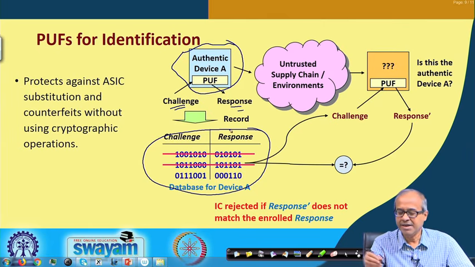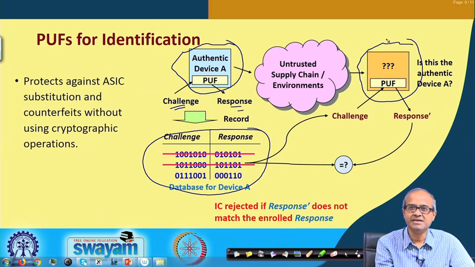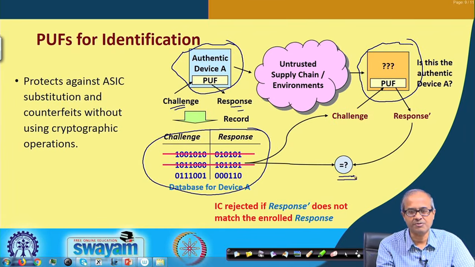Now, if some other device is given to me which contains a very similar PUF, I can consult that same table, apply these challenges and see what responses are coming, and compare whether they are the same or not.